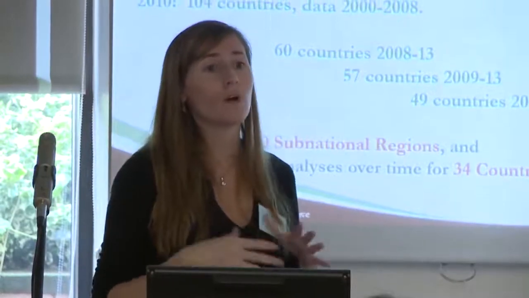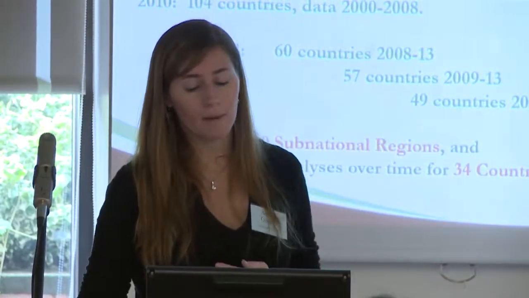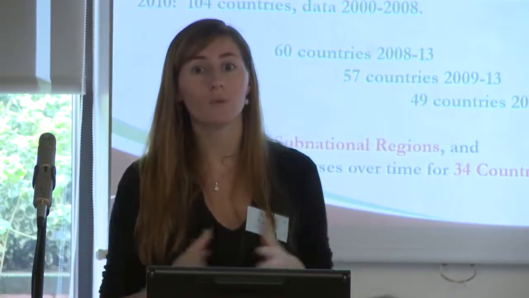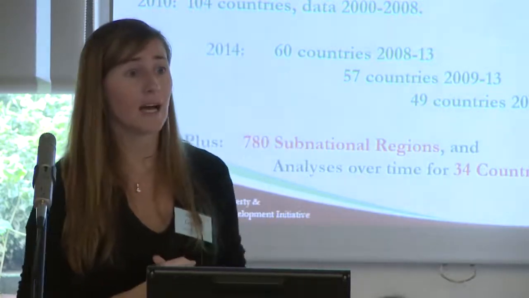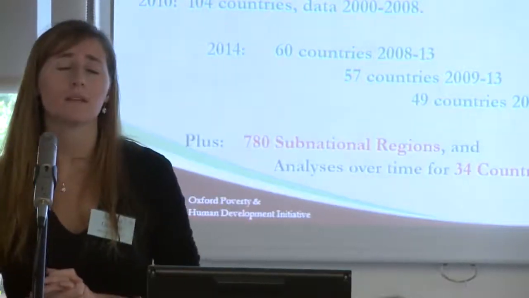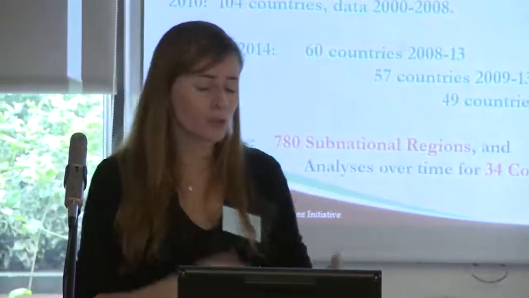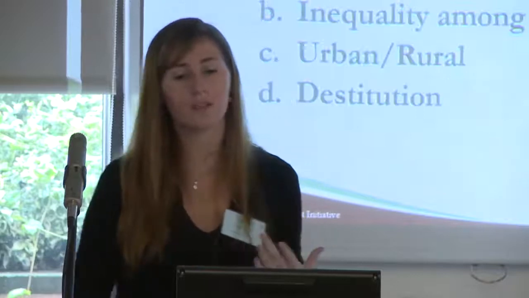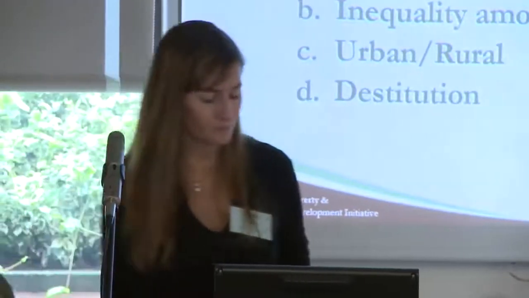And then we also have computed an analysis of changes over time, which was basically led by Sabina and Anna, and she's going to be presenting those figures in a minute. And we also created some new indicator on destitution that I was mentioning before.